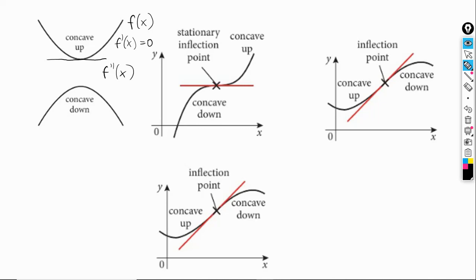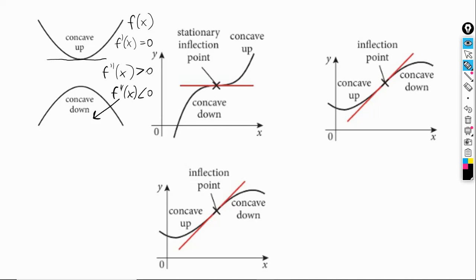So if the second derivative is greater than 0, then we're going to have a curve that is concave upwards, such as this one. If the second derivative at that point is less than 0, then we're going to have downward concavity.